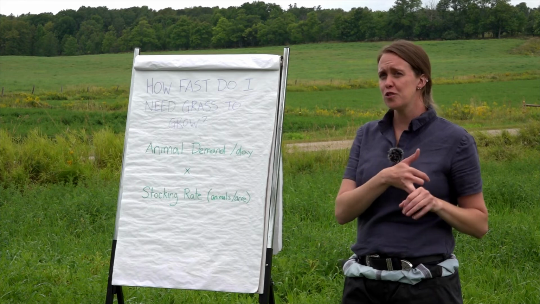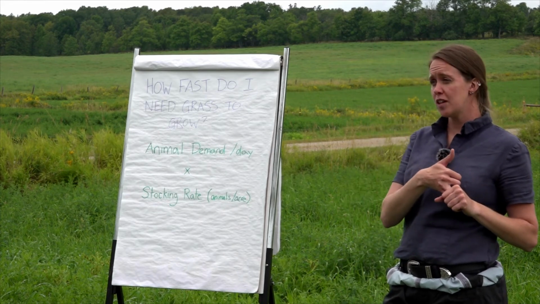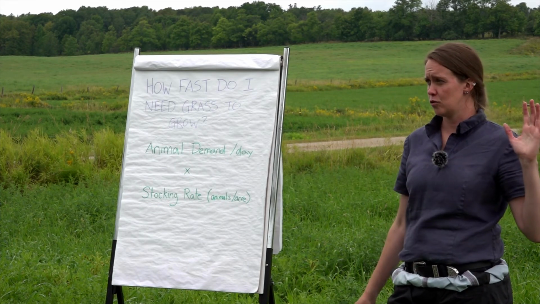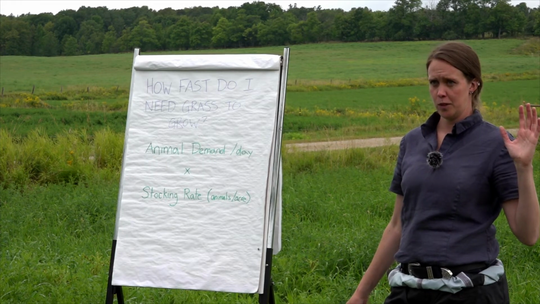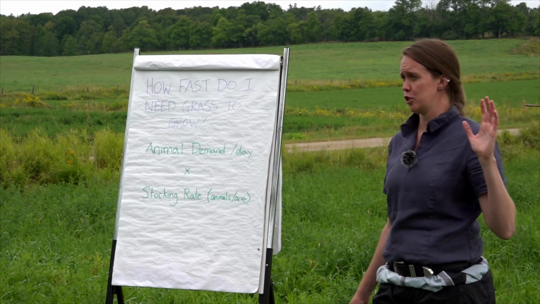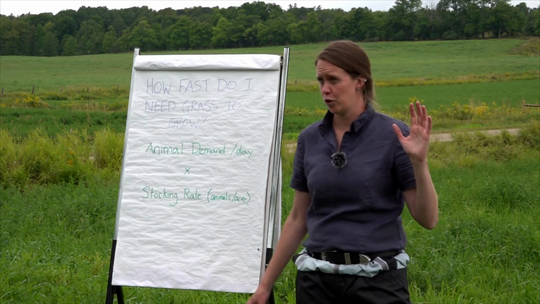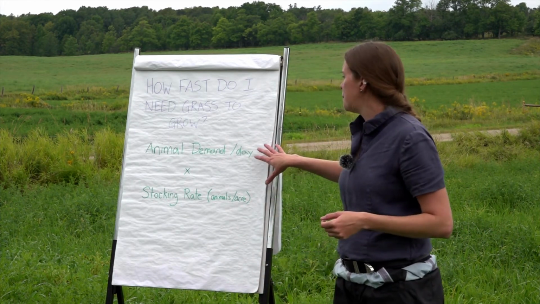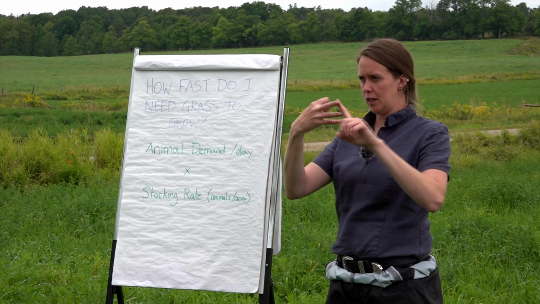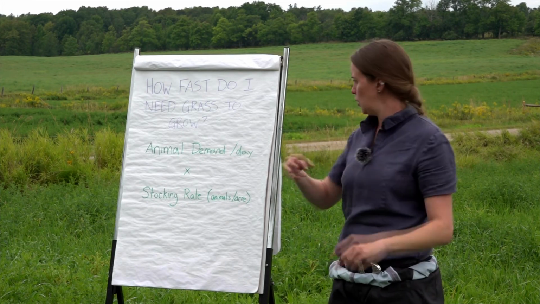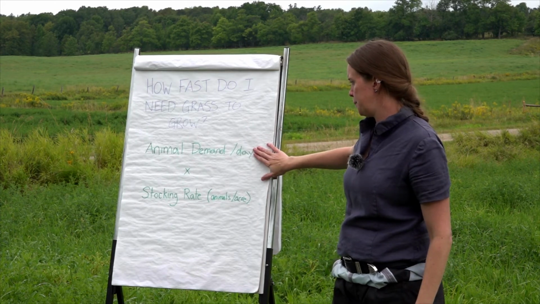Our sheep producers, you're looking more at like 3%. Anyone grazing dairy animals, cows or otherwise? Nobody? I'm going to tell you anyway, you probably need to budget like 4%, 4 to 4.5, okay? So yeah, body weight, percent of body weight they eat, and number of head in the group will give you your animal demand per day.